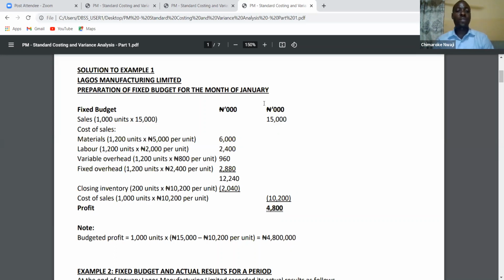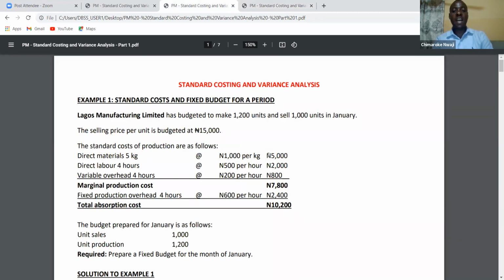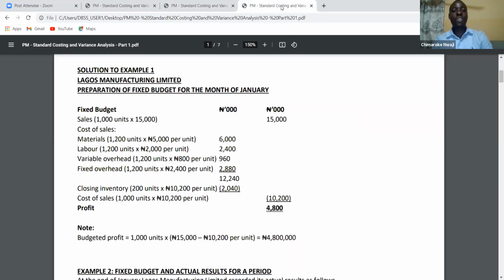Cost of sales. We decided that we want to produce 1,200 units. And so materials for that 1,200 units will cost us how much? We said before that 1 unit costs us 5,000 naira. And so for 1,200 units, we multiply 5,000 by 1,200 units, which gives us 6 million.